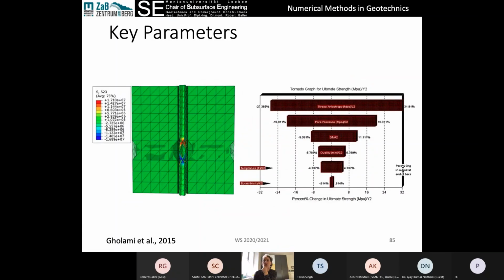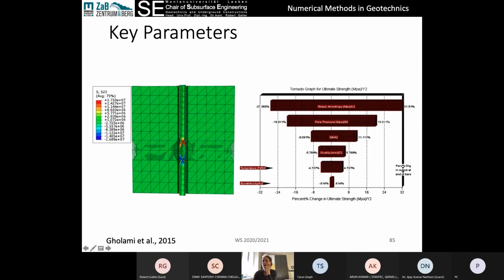Here's a way of looking at the sensitivity analysis using a tornado graph. So again, if we have some change in our material properties, so maybe it's the stress anisotropy, pore pressure, the shape of, this is a well, for example, a geothermal well, the shape of our well.